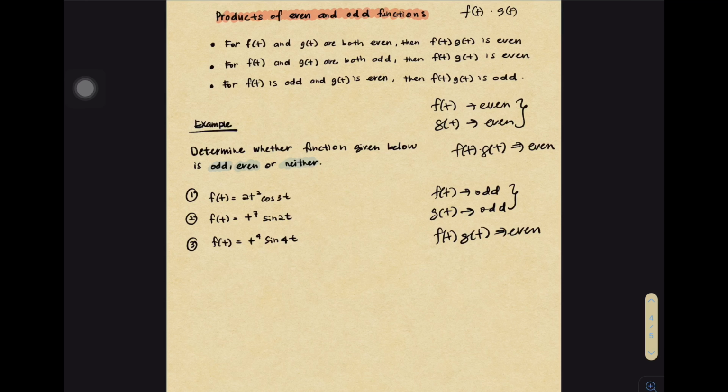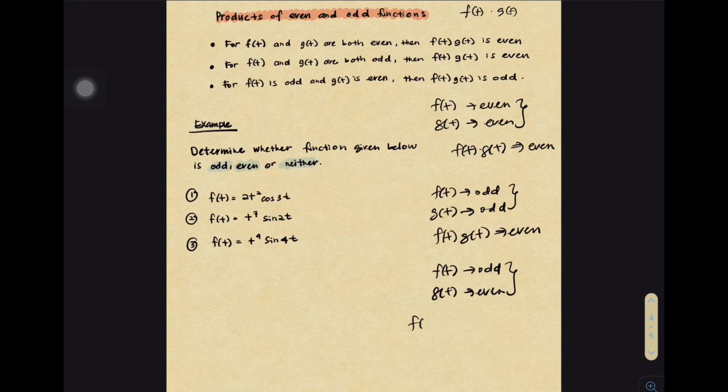But if either one of them is even and the other is odd, let's say f(t) is an odd function and g(t) is an even function, then when you multiply odd and even functions, what you will get in return is an odd function.